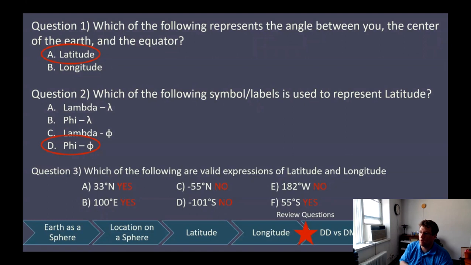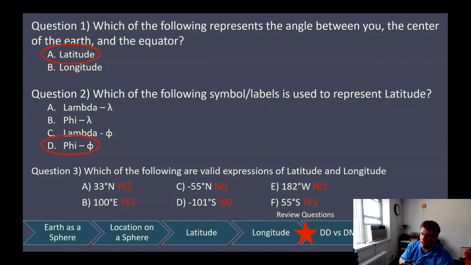In this lecture video, I want to switch tactics a little bit. We've already covered the concept of latitude and longitude, and we know that we can measure any location on a three-dimensional sphere, which we use to represent Earth, by stating a set of paired coordinates of latitude and longitude.